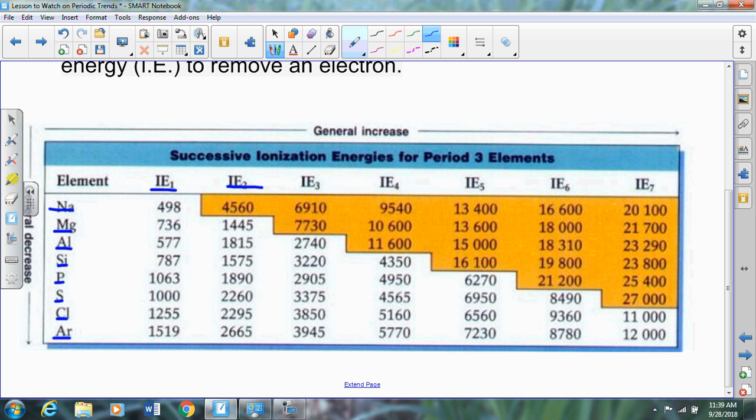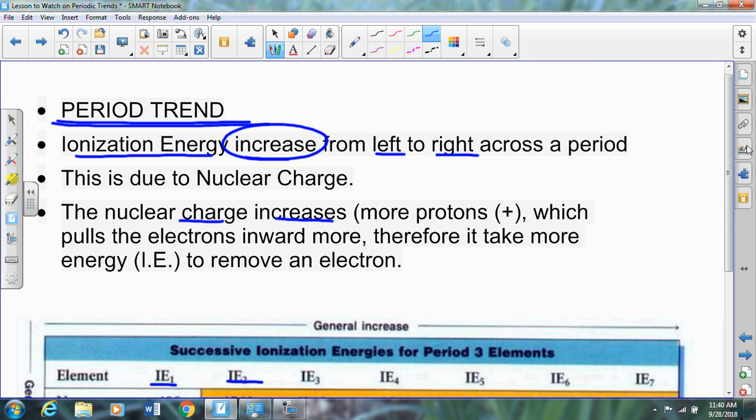The second ionization energy is given as 1,445. And then, if you try to take a third electron from magnesium, there is a huge jump. And it's color-coded in a unique way on this table. The bottom line is that you need to remember when you go across, ionization energy increases, and that's due to nuclear charge. The pull for the electrons is greater.